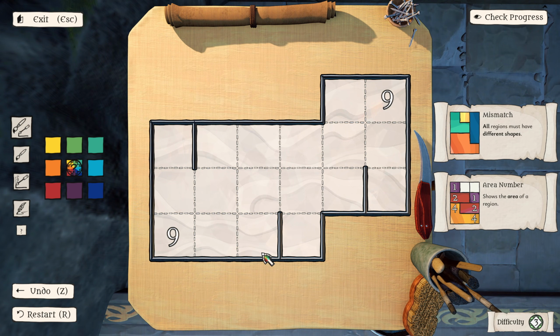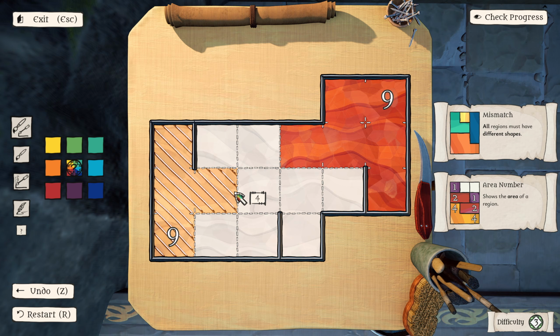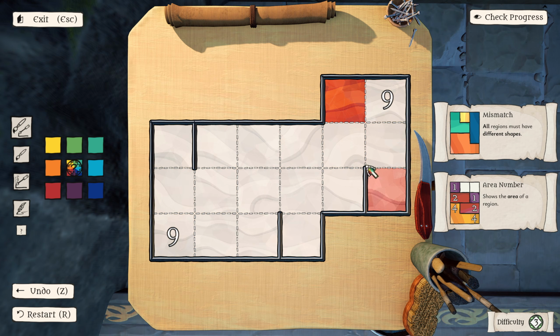Mismatch area 9s. God. How are we going to... Is it 18 total? It is 18 total.